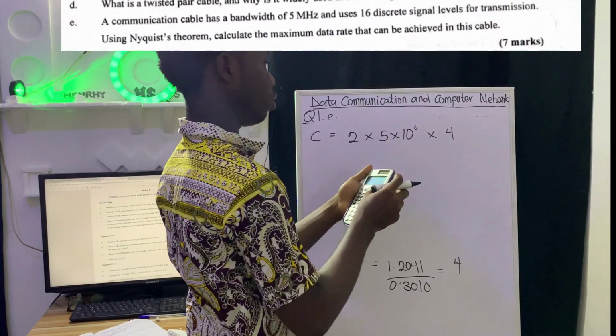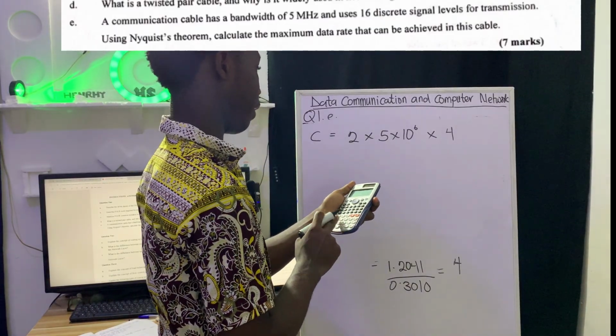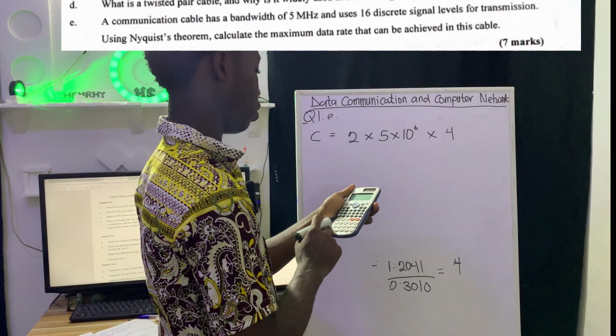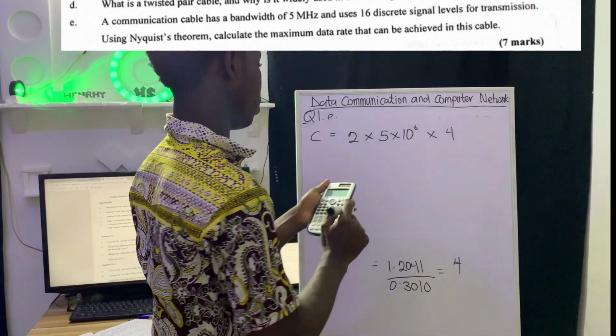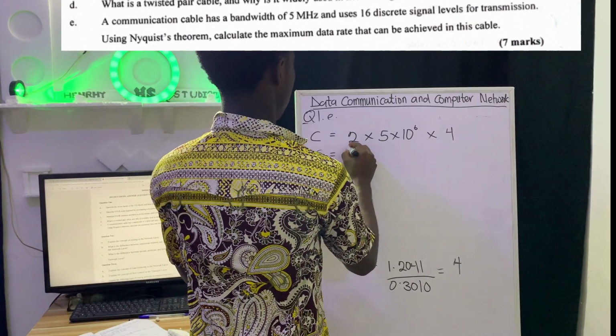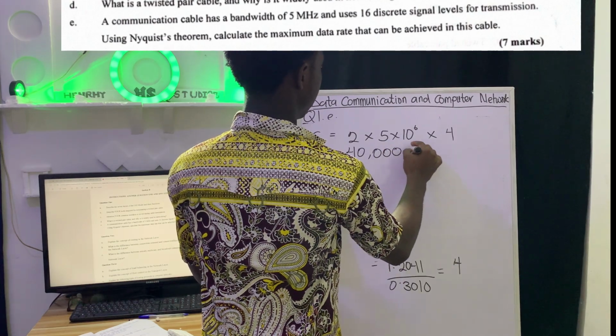So you punch 2 times 5 times 10 raised to the power 6 times 4 straight on a calculator. You are going to get 40 million.